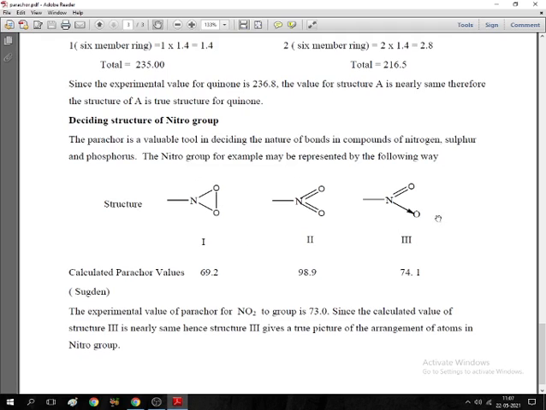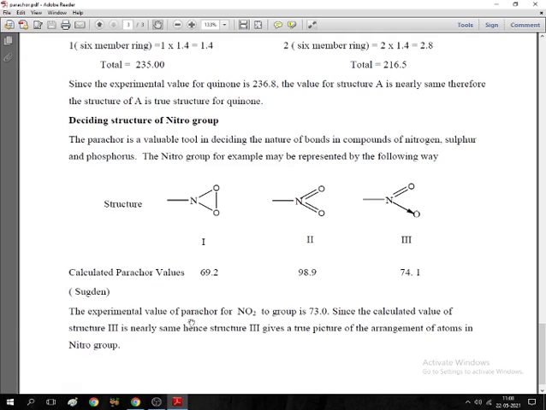Now we calculate the parachors. These values are calculated for these 3 structures by using the Sugden values. The earlier ones were Hoegel values, and here they are Sugden values, so these values have come. Right? For the first it is 69.2, for the second it is 98.9 and for the third it is 74.1.